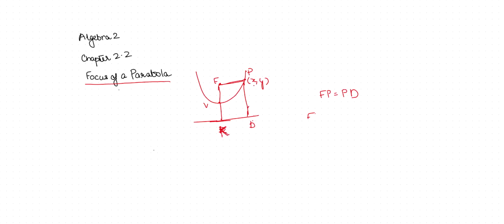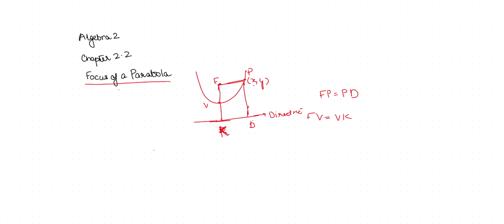So here FV is equal to VK, because the vertex is also a point on the parabola. The directrix is a line and the focus is a point which is inside the parabola.